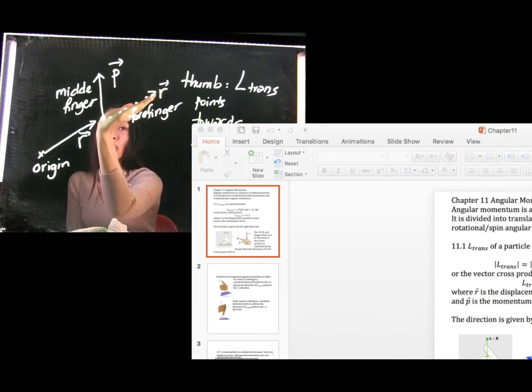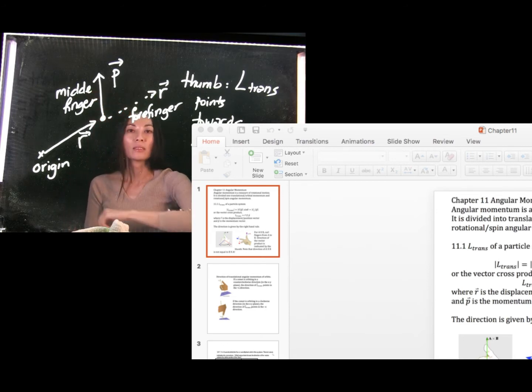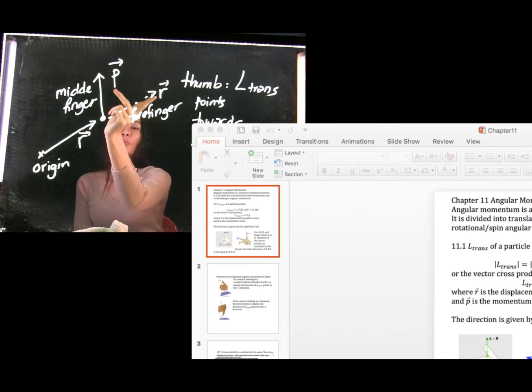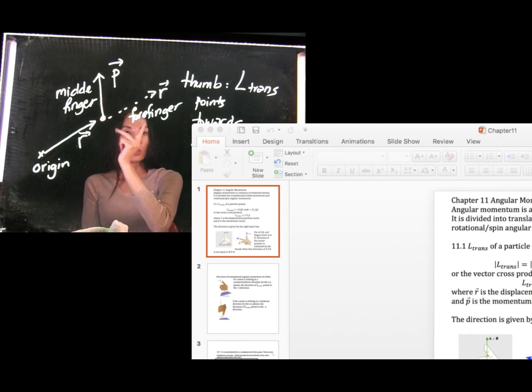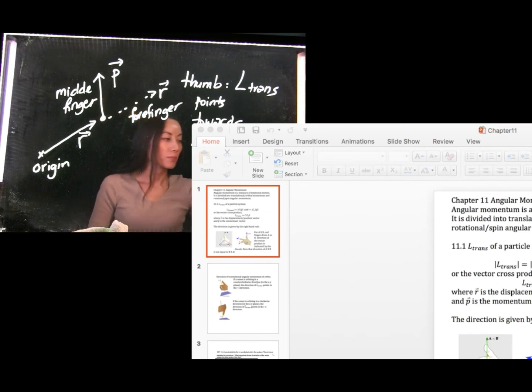So you either curl your fingers from r to p so the thumb direction is towards me, that's the direction of the angular momentum, or you put your forefinger and your middle finger on r and p, and the thumb is in the direction towards me.